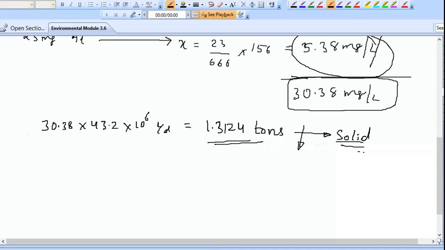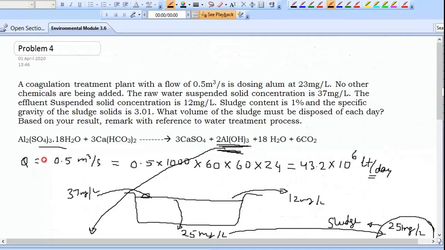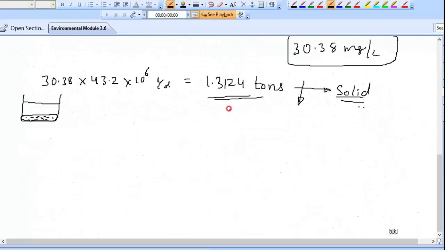But below the tank, when we want to remove, we don't get a sludge in a solid form. We will get a sludge in a somewhat liquid form. Therefore, in the problem itself, they have said that 1% sludge content is there. Then what about 99%? Then 99% is water.